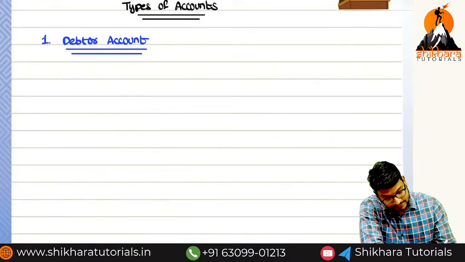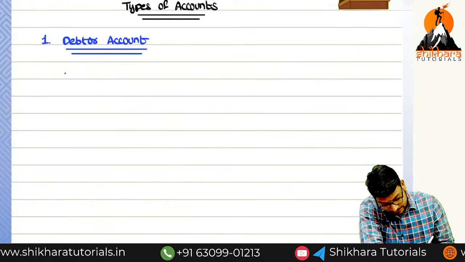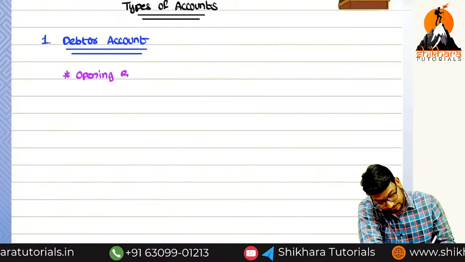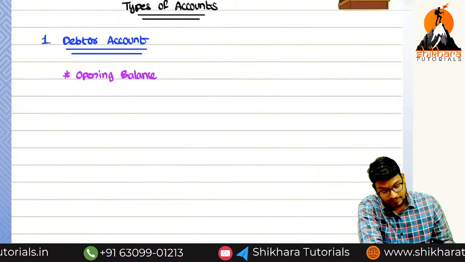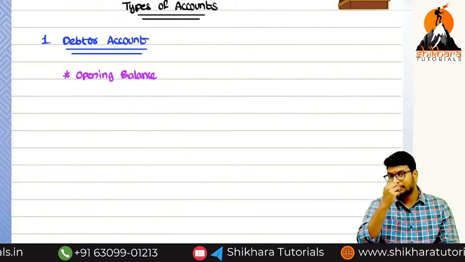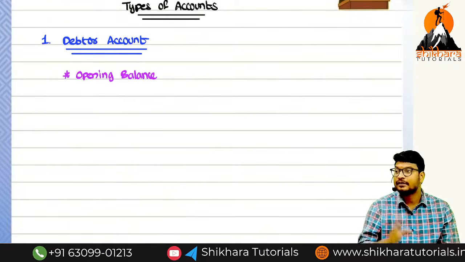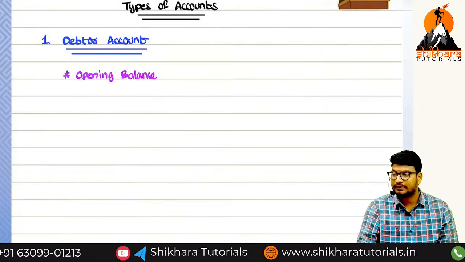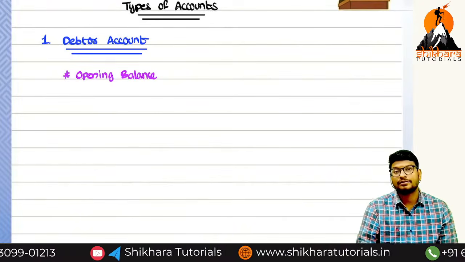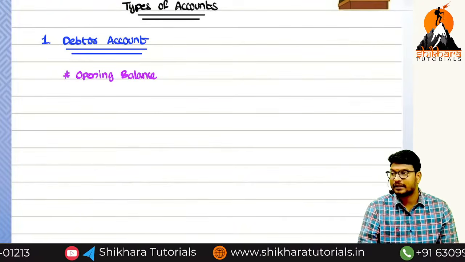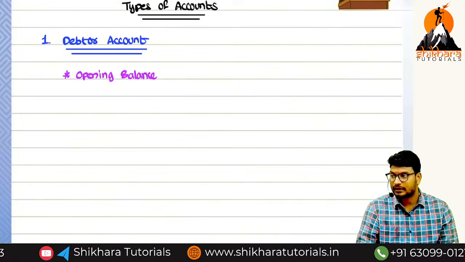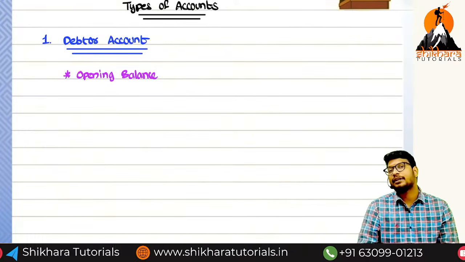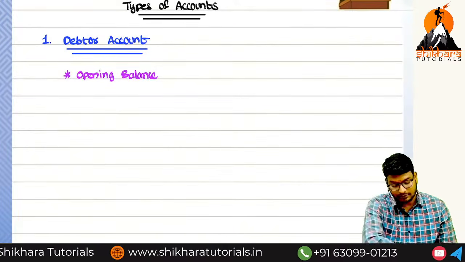First one, in the debtor account we are going to get opening balance. If any asset and liability, we are going to have opening balances and closing balances. For income and expenses, we are not going to have any opening or closing balances because those are nominal accounts. We have to transfer them to the P&L account in order to find out the profit or loss. The balances which are available in the balance sheet, only for them we are going to have opening balances and closing balances.